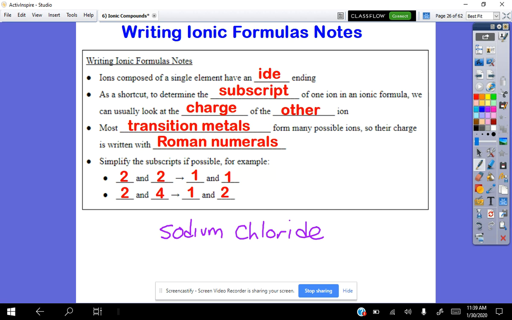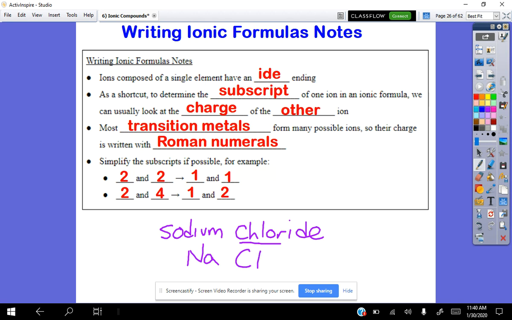So if you are looking at names, you should be able to figure out at least the symbol of the first one because it's just the name of the element. And then if you're figuring out the symbol for the second element, you need to look at the IDE ending and then look at that root and figure out what element looks closest to that on the periodic table. This one most looks like chlorine, so I know that's going to be my Cl.